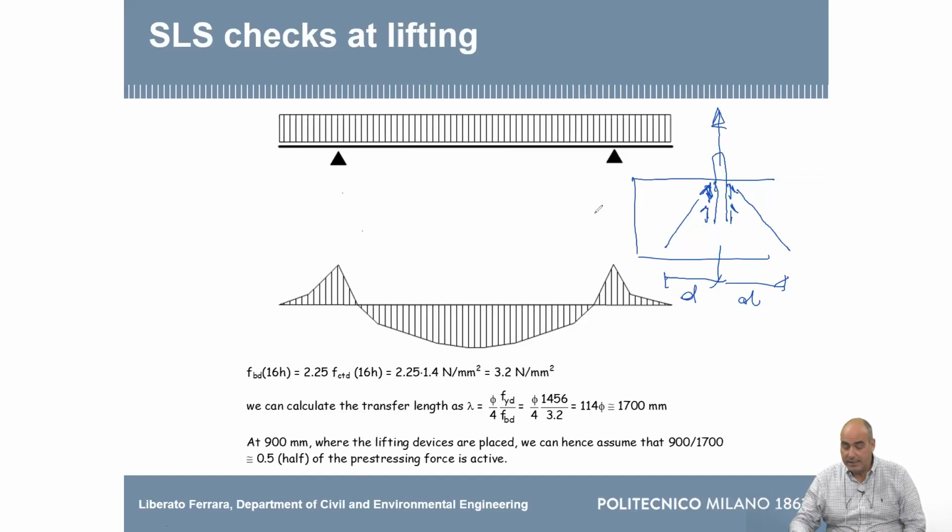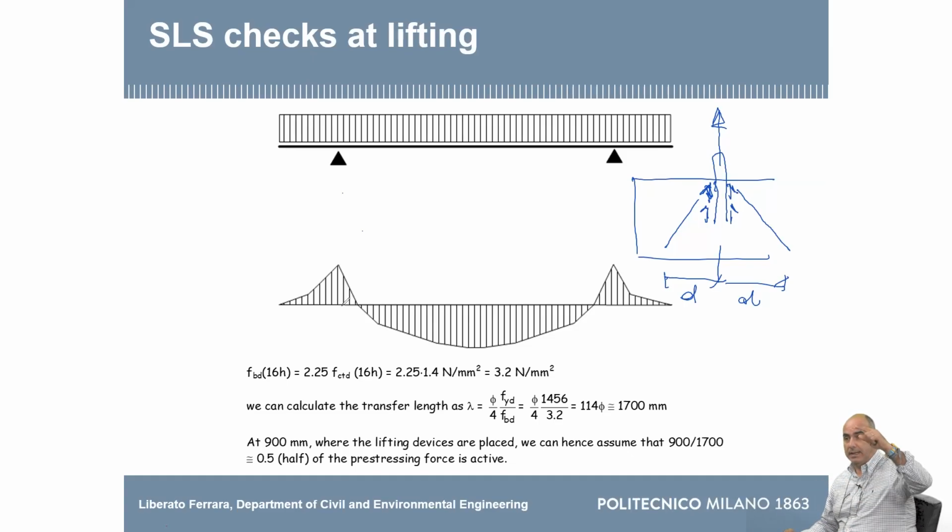The other thing that governs the design is the fact that, you see, when you lift it, you are not supporting the element on the edge. You are supporting it on an inner position. So your bending moment diagram will be something like this. And so here you have a negative bending moment.